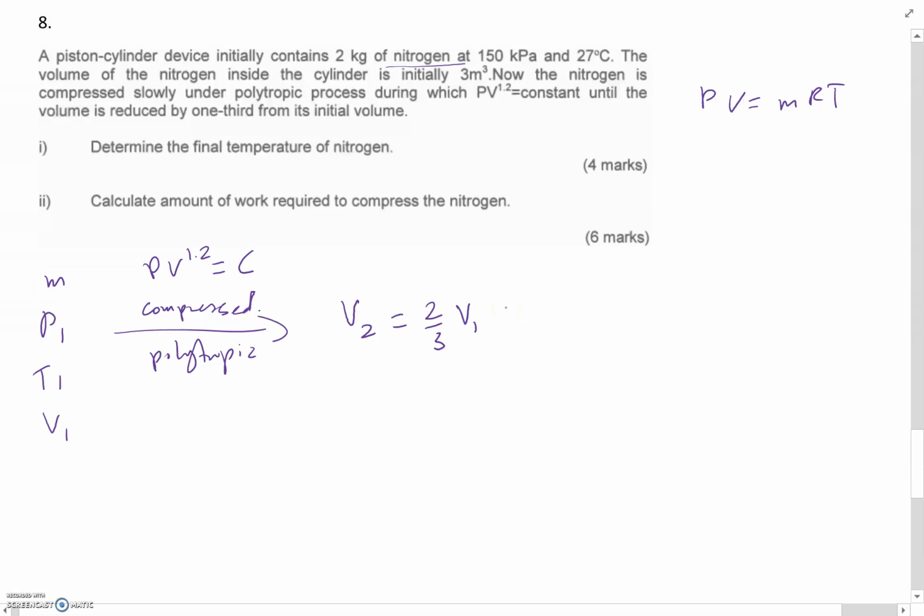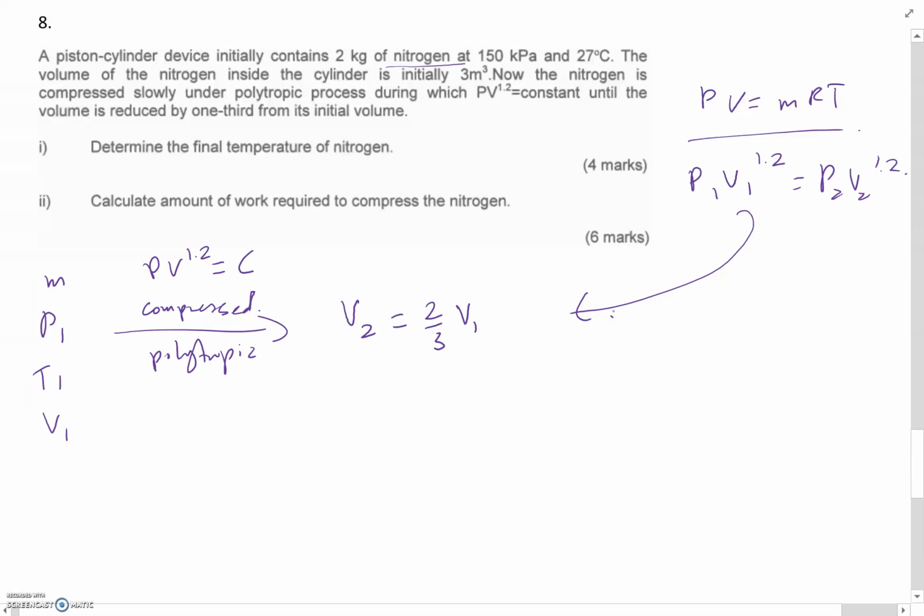Using this polytropic equation, P1 V1^1.2 equals P2 V2^1.2.